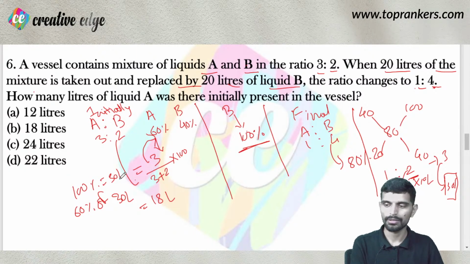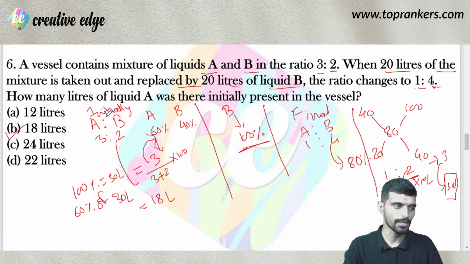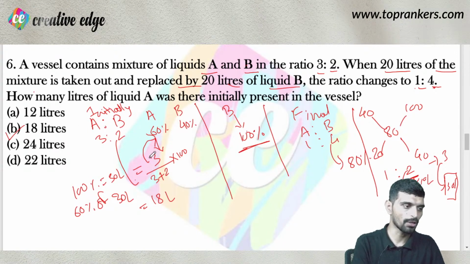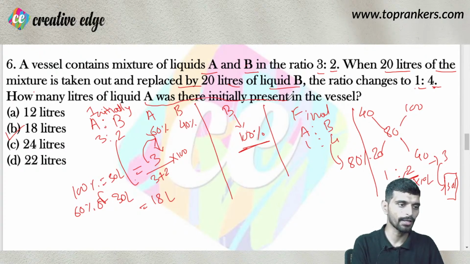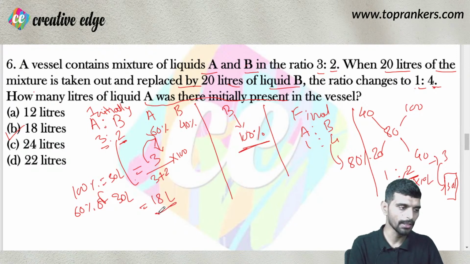See, 10% is 3 and 3 into 6 is 18 liters. So the answer to this one will be 18 liters, because we are not asked the total quantity, we are asked liquid A initially present. So the initial liquid was 30 liters and the ratio was 3:2. So the answer should be 18 liters.